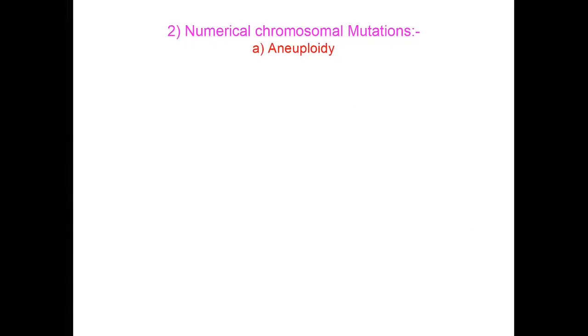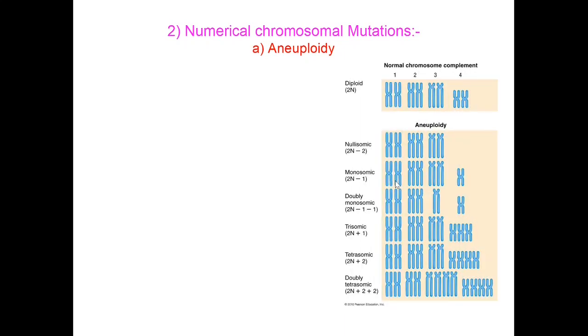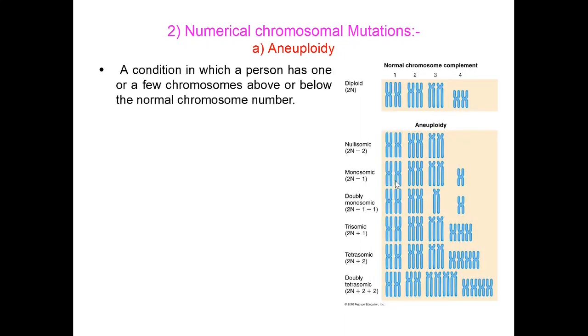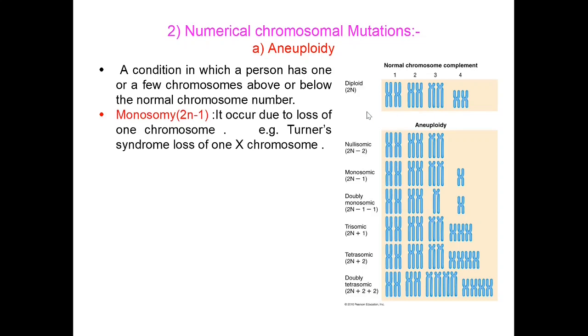Numerical chromosomal mutations. First of its type is aneuploidy. Look at the diagram here. Aneuploidy can be defined as a condition in which a person has one or a few chromosomes above or below the normal chromosome number. Its first type is monosomy.